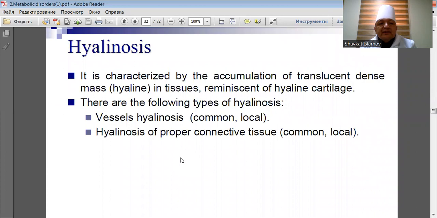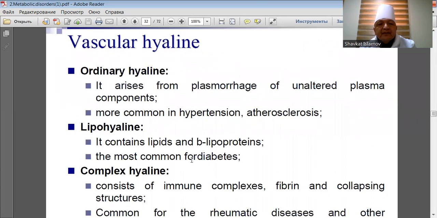Hyalinosis is characterized by the accumulation of translucent mass in tissues reminiscent of hyaline cartilage. There are the following types: vessel hyalinosis and hyalinosis of proper connective tissue. Simple vascular hyaline arises from plasmorrhagia of unaltered components, more common in hypertension and atherosclerosis.